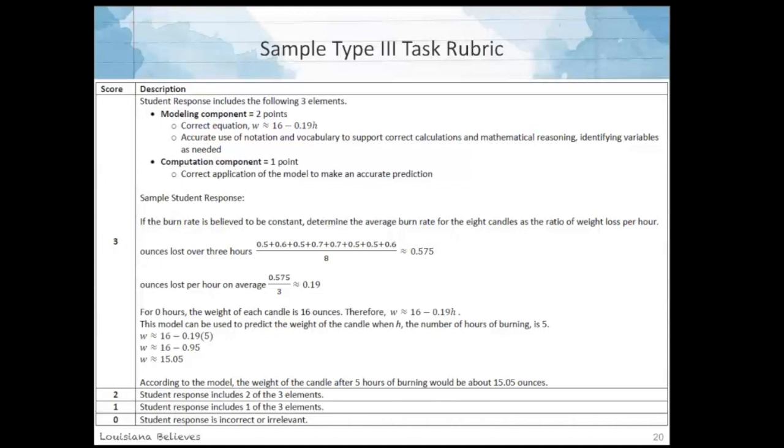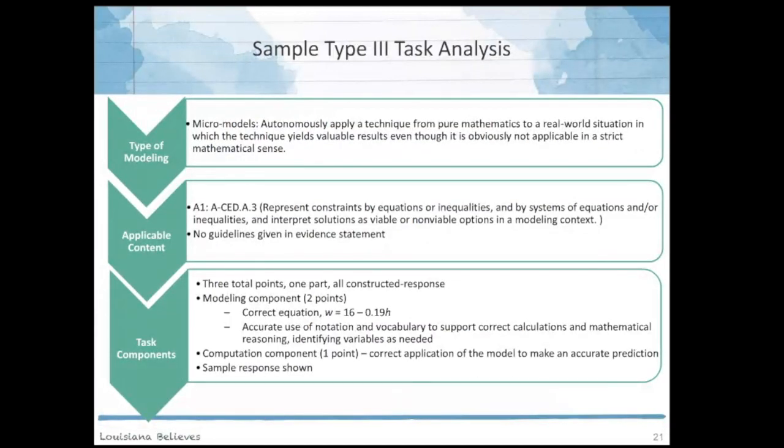And so that answer is based on the model that they use. So let's say if they come up with some off-the-wall kind of model, but they've applied it correctly, so to speak, then that result that they get out of it could still earn some credit.